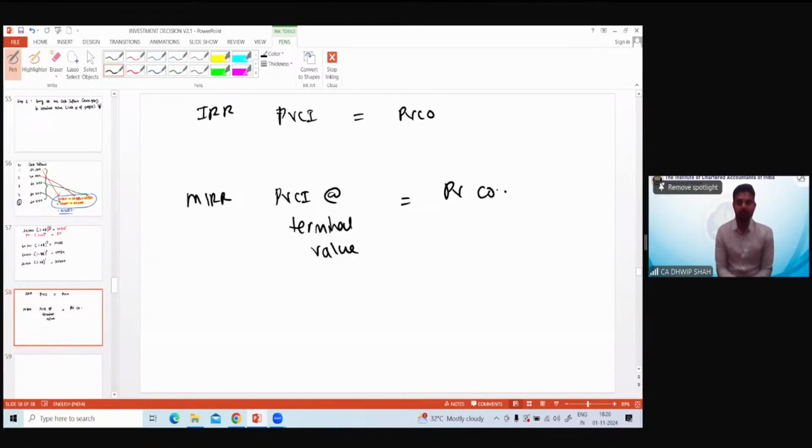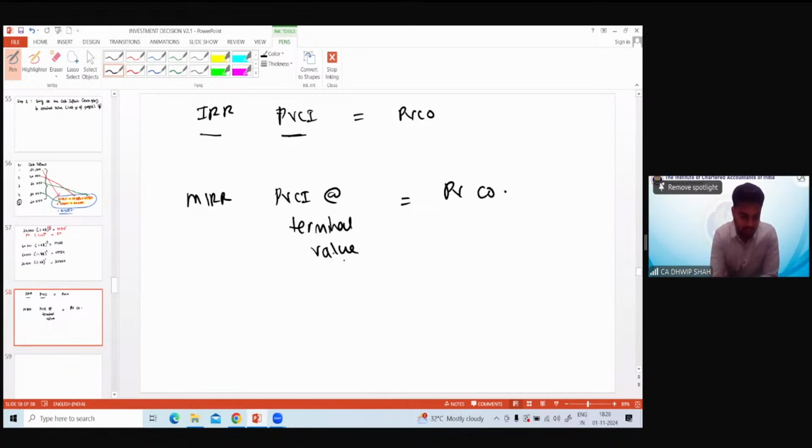IRR is the rate where the present value of all cash inflows is equal to the present value of cash outflows. But MIRR is that rate where PVCI at terminal value, or I would say present value of cash inflow at terminal value, is equal to present value of cash outflow.